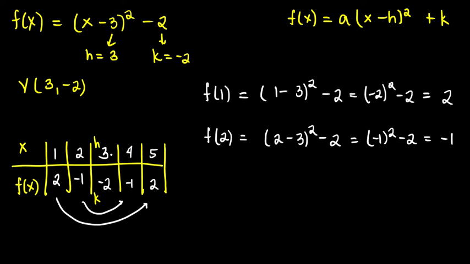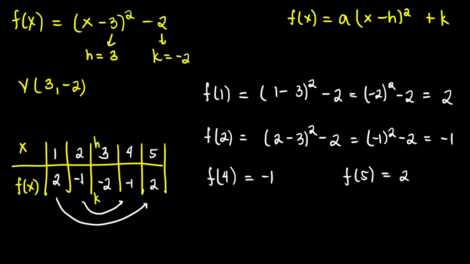By doing that, we minimize the amount of computation required for us to graph. So we know that f of 4 is negative 1 and f of 5 is 2. You can verify this by evaluating the function at x equals 4 and x equals 5.